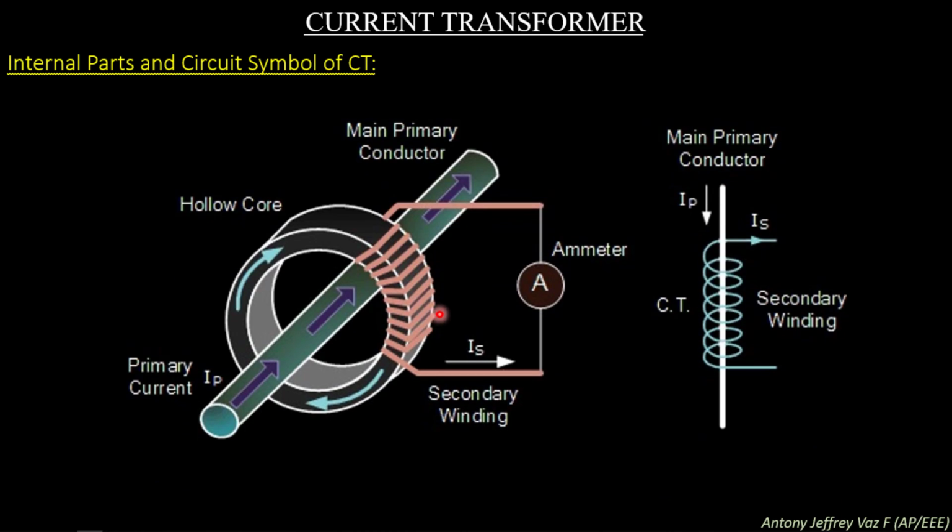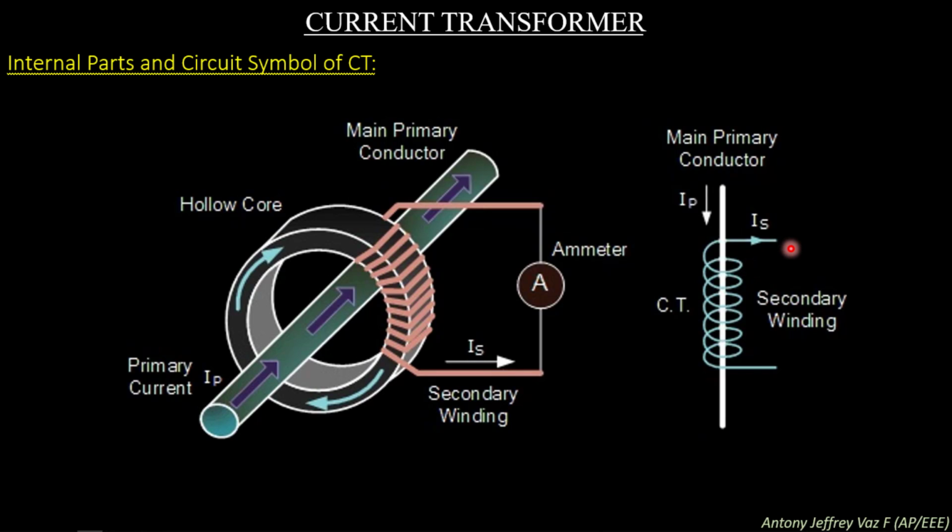This is the internal parts and circuit symbol of current transformer. This is the circuit symbol of the current transformer. This is the primary conductor represented by a straight line, and this coil is the secondary winding of the current transformer, and the primary current is the highest value of current to be measured, which will be in the rating of 100 amps or more than that.